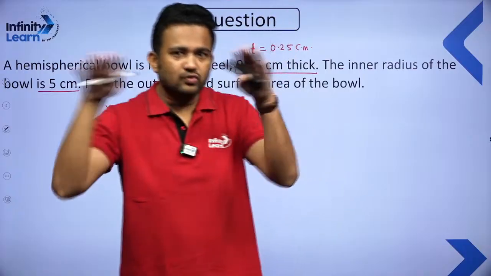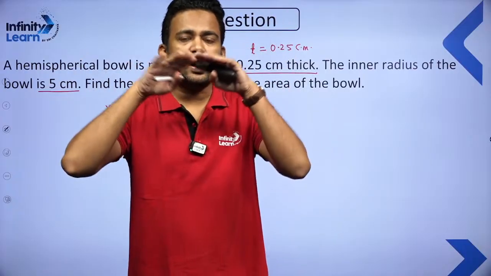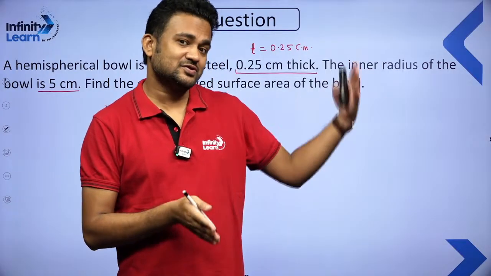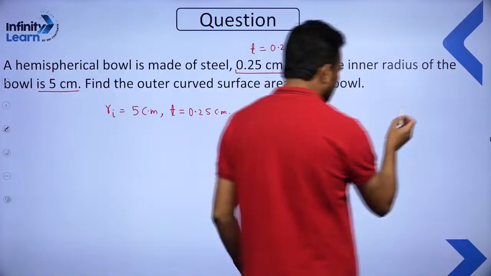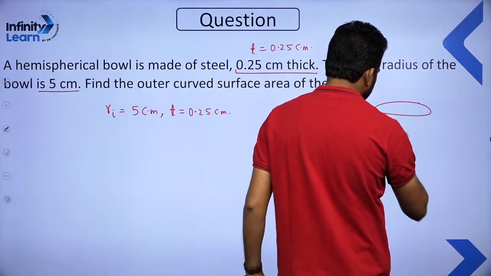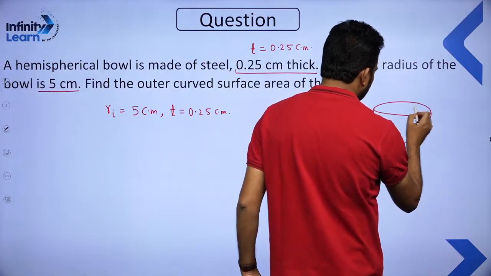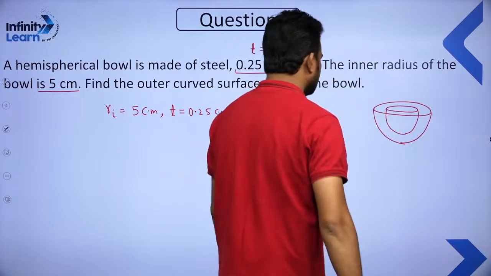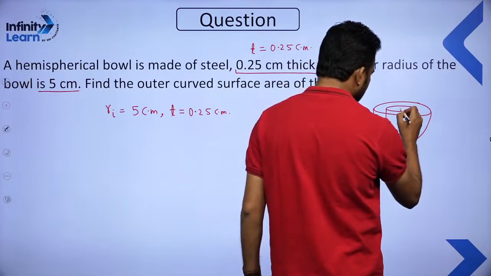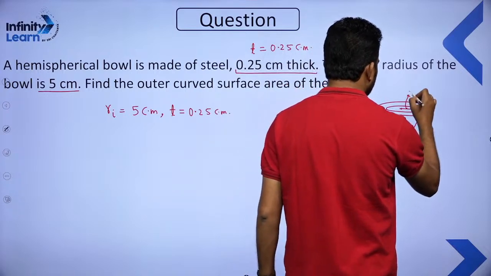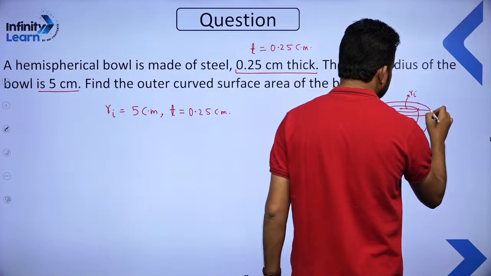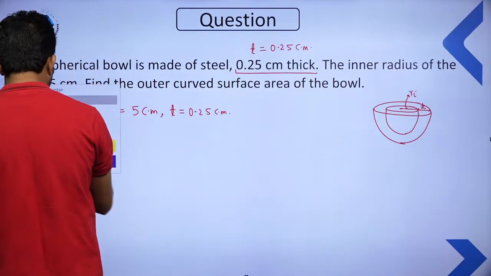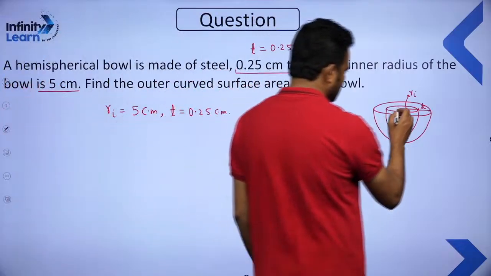So to find the outer curved surface area, we should know the outer radius. And how will we find the outer radius? I already told you in the previous question. So let me draw the diagram. Let us assume this is the ball. So this is inner area and this is outer area. Alright. So this inner radius is known. This is inner radius Ri. And this is called thickness. Right, guys? So if I join these two, what will we get?